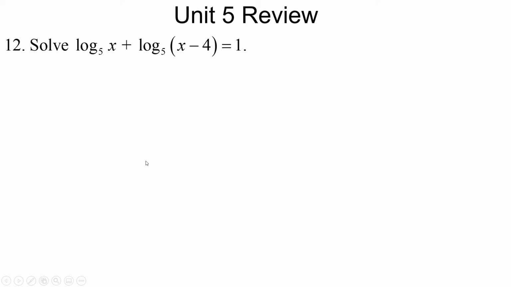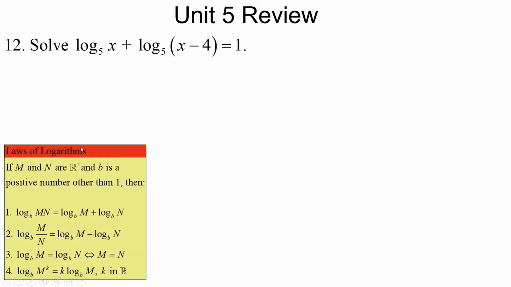Let's solve a logarithmic equation where your logarithmic equation is base 5. Now, my first thought is I don't want the sum of 2 log base 5 numbers on the left there. I want that to be 1 log base 5. So, right here again, number 1, here it is again.